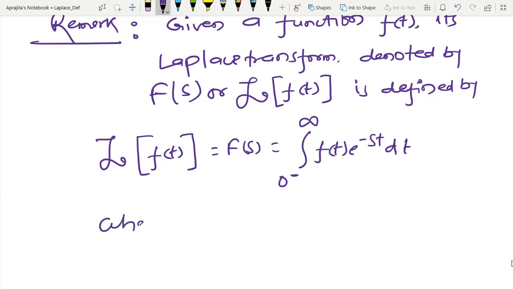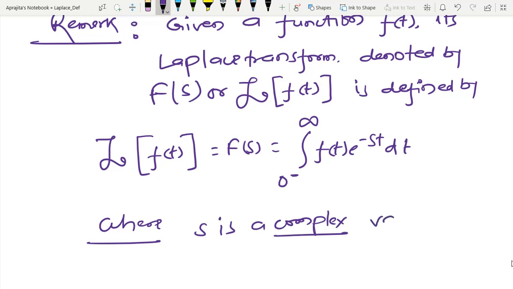So here for our purpose s is a complex variable given by s equal to sigma plus j omega.